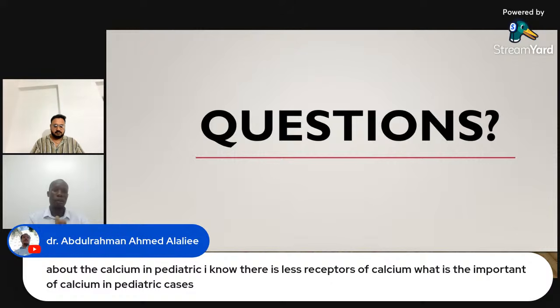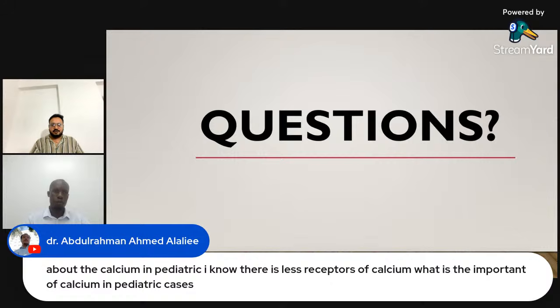When you go on bypass with blood that doesn't have calcium, you'll have issues with your pressures. The pressures will be very low. So you need to have the calcium at least 1 and above. So the two places we use calcium are, number 1, during the blood prime, and number 2, after the cross clamp is off, to increase the contractility and have a good cardiac output.